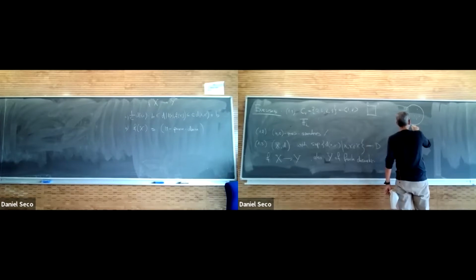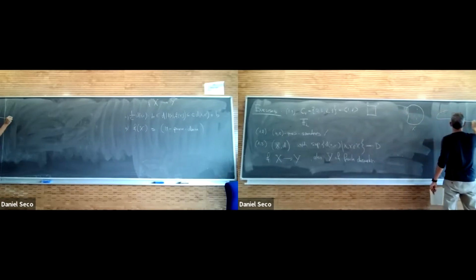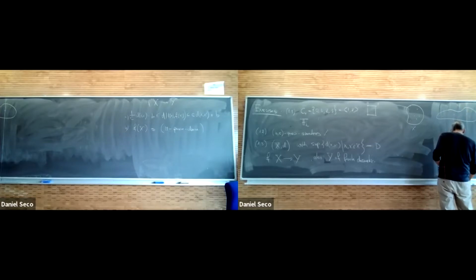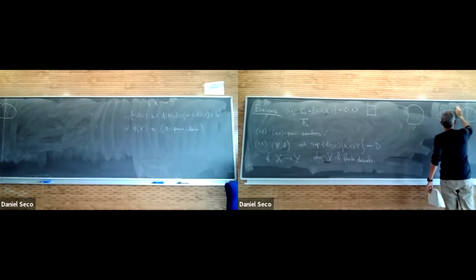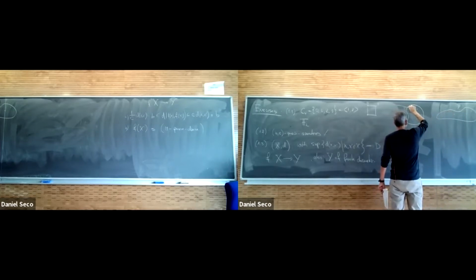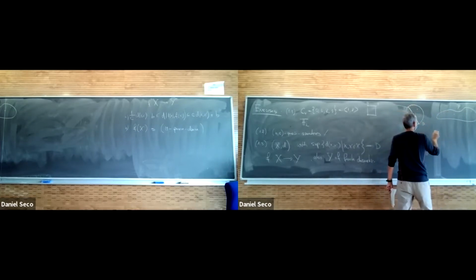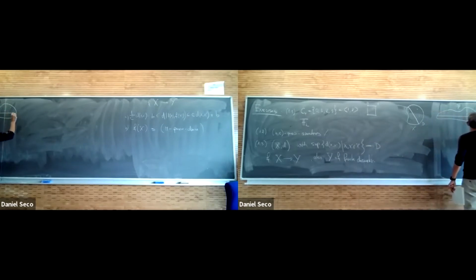That's X, and you have something Y. This is also bounded, I mean, finite diameter. So the diameter is D, and this is D prime, if you want.